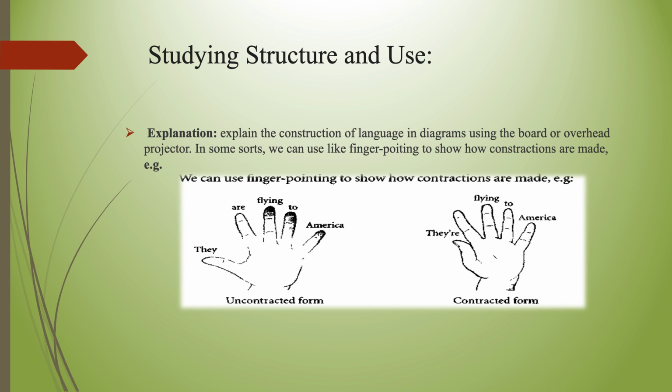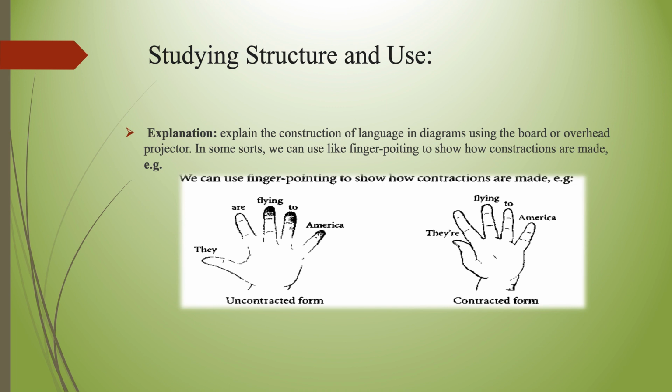They are flying to America. You can see the left hand. So they are flying to America. This one is the uncontracted form, meaning the long form, the full form. And the other one, on the right: they're flying to America. Here we use the contracted form, meaning the short form, combining they with are and pronouncing there.